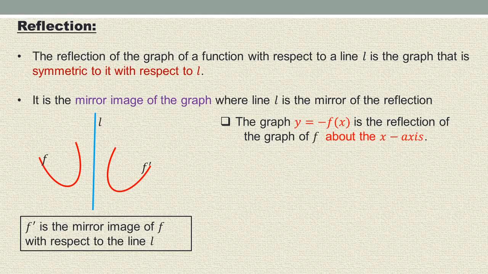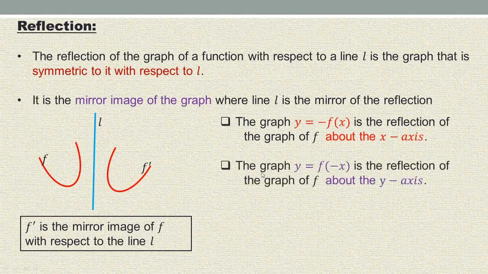Next, the graph y is equal to f of minus x. If the minus is inside the function, it is the reflection of the graph of f about the y-axis. Clear?